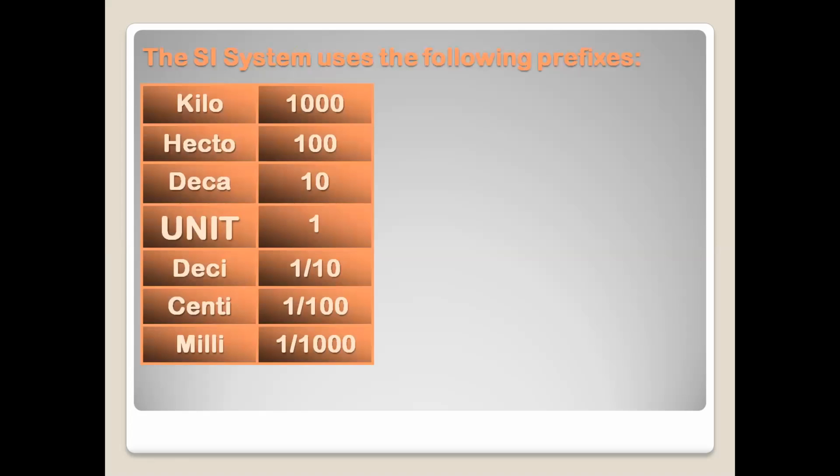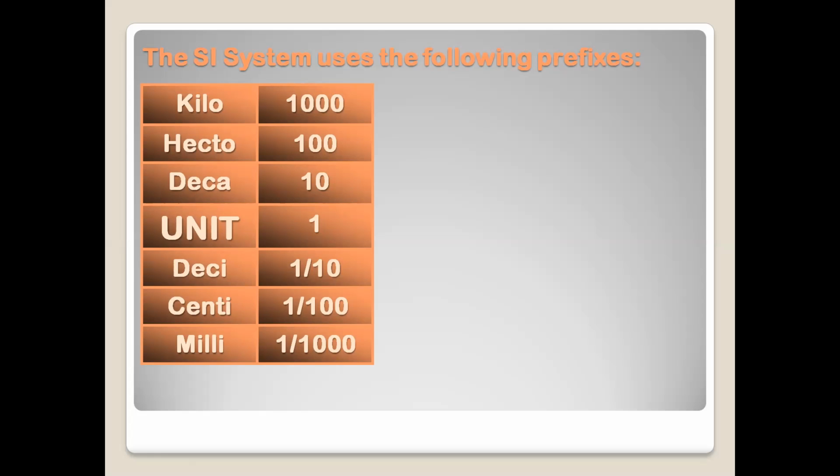Some of the commonly used prefixes in the SI system. The first one is kilo. Kilo means 1,000. For example, if you want to convert kilogram to gram, just multiply with 1,000. If you want to convert kilometer to meter, multiply with 1,000. If you want to convert kiloliter to liter, multiply with 1,000. So it is very simple, you just have to study the prefixes and the conversion in terms of tens power. Hecto is 100.